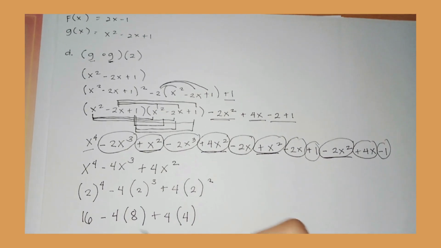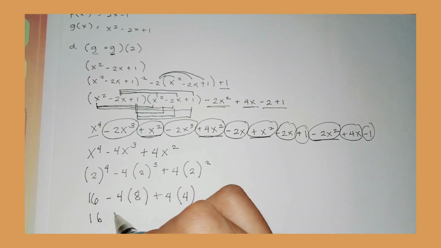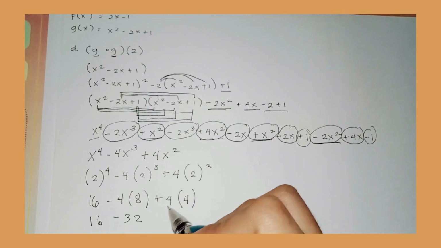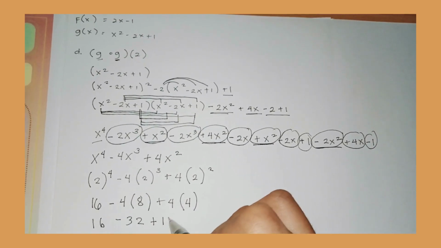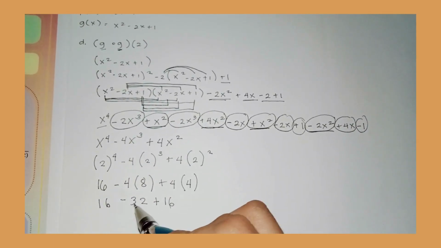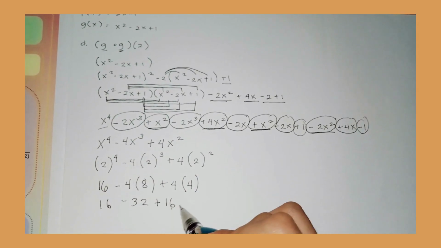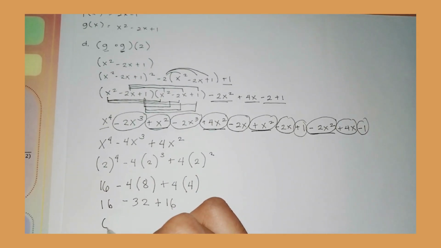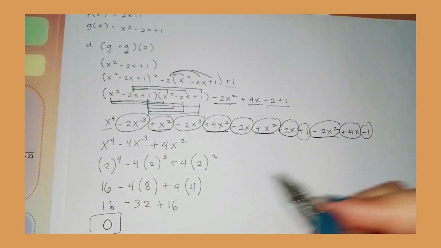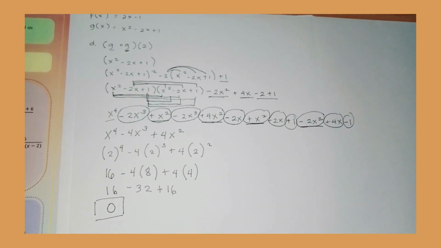Again, simplify. 16 minus 4 times 8 is 32. Then, 4 times 4 is 16. Simplify. 16 minus 32 is negative 16. Negative 16 plus 16, the answer is 0. So, this will be our final answer. After going through all the process, the answer is 0.